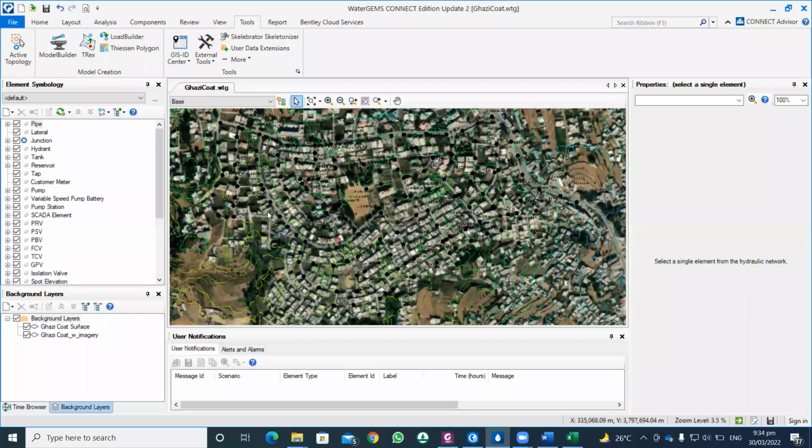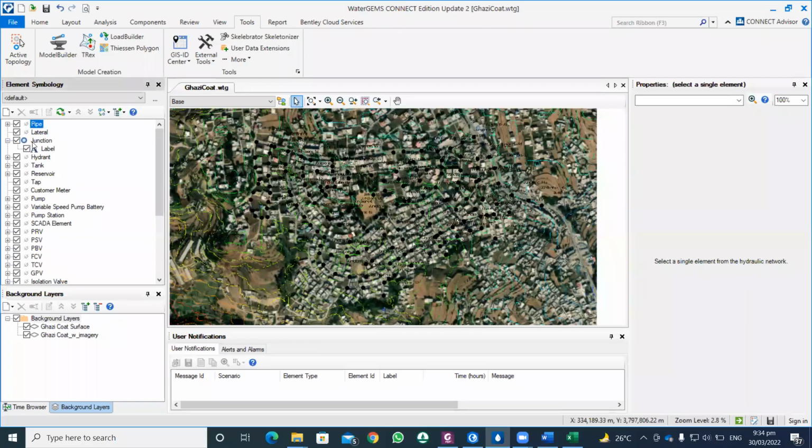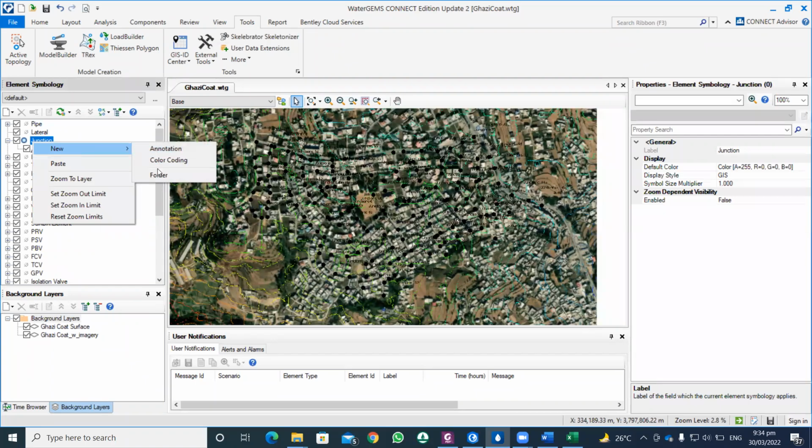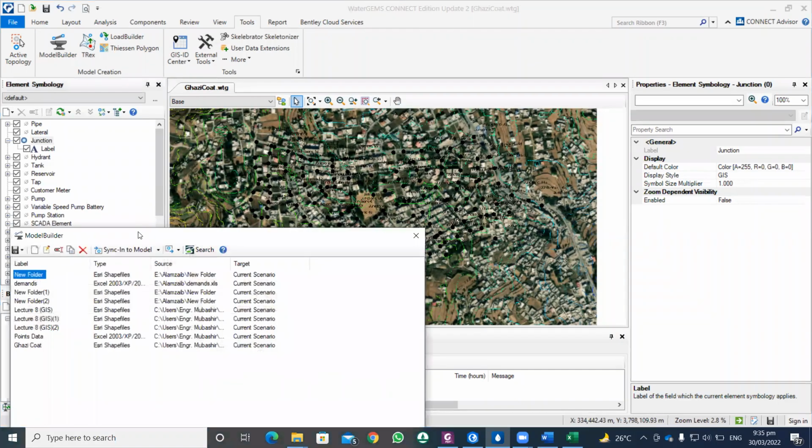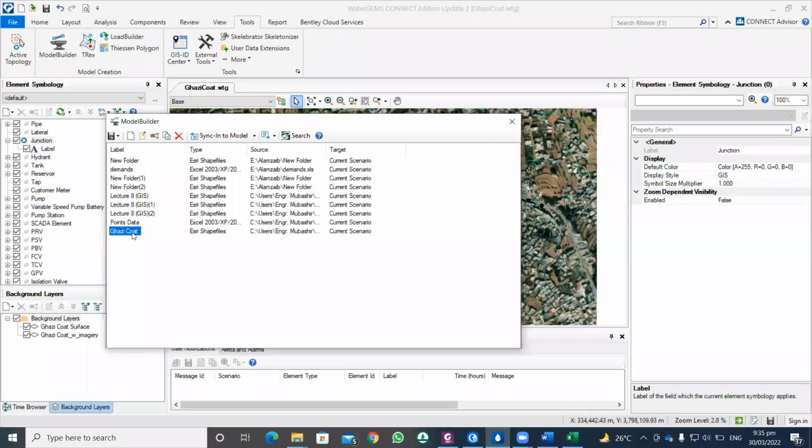Okay. I will create a symbology. Let me import the pipes again.